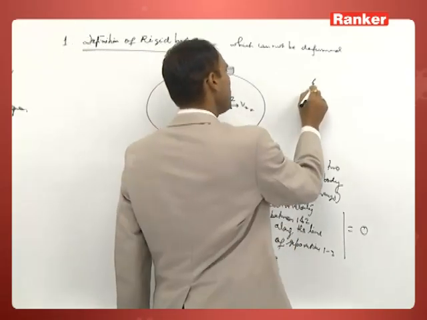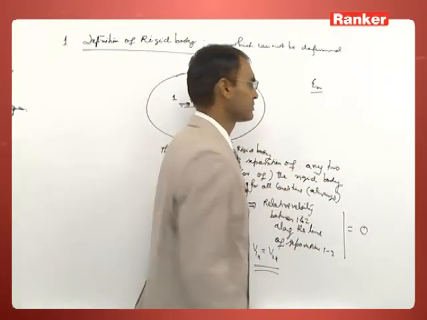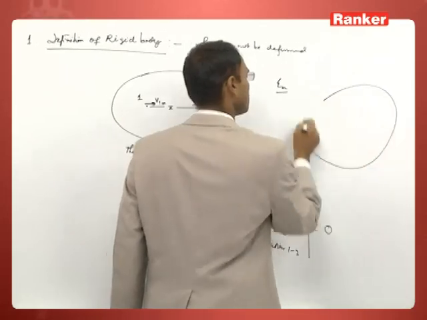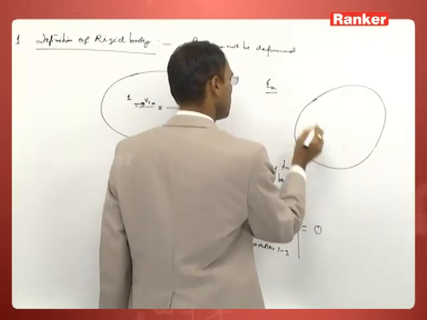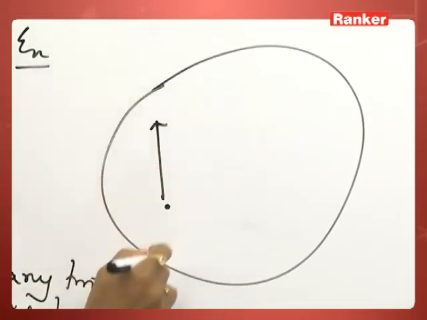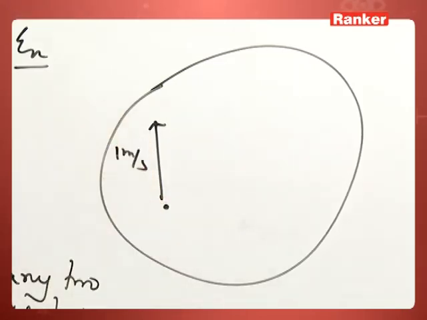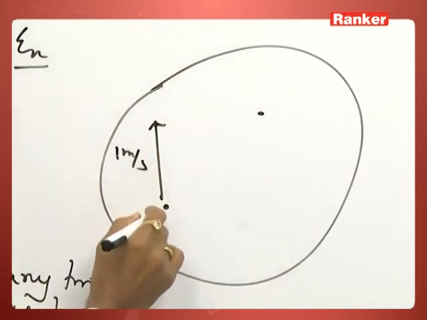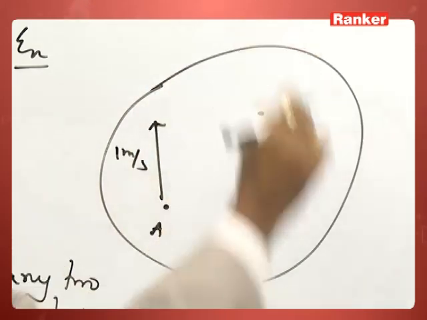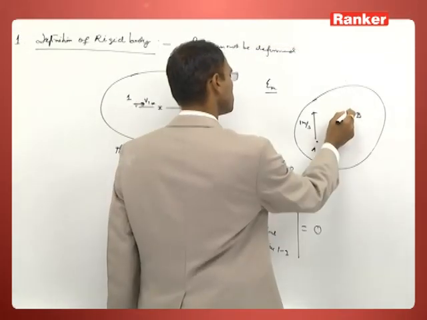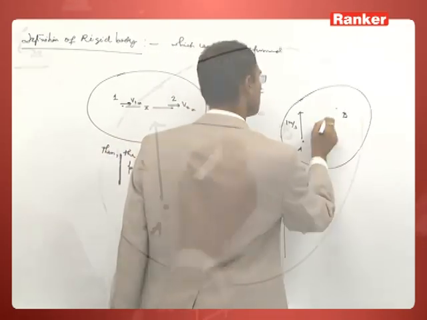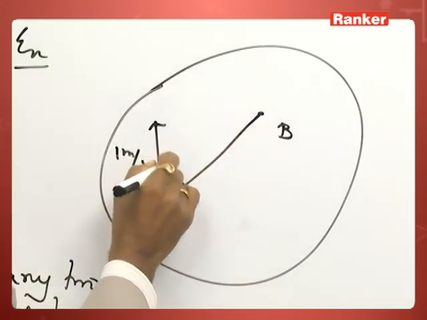Let us take an example. This is the rigid body. This point's velocity is given as 1 meter per second. This is point A, this is point B. Suppose this is 30 degrees.